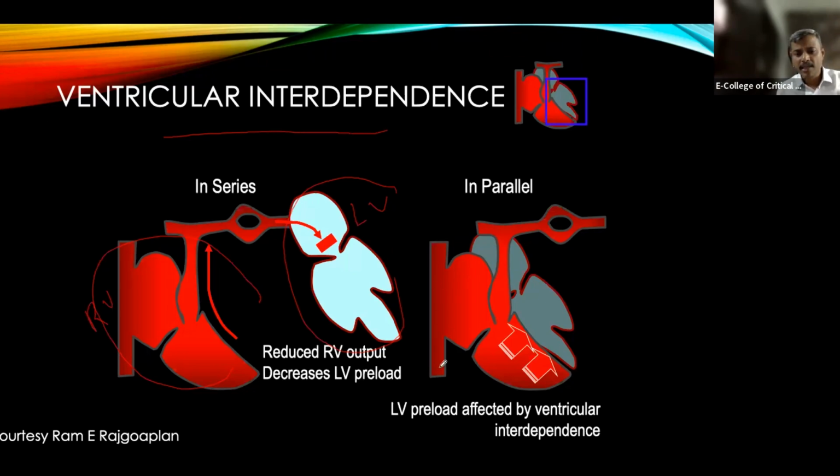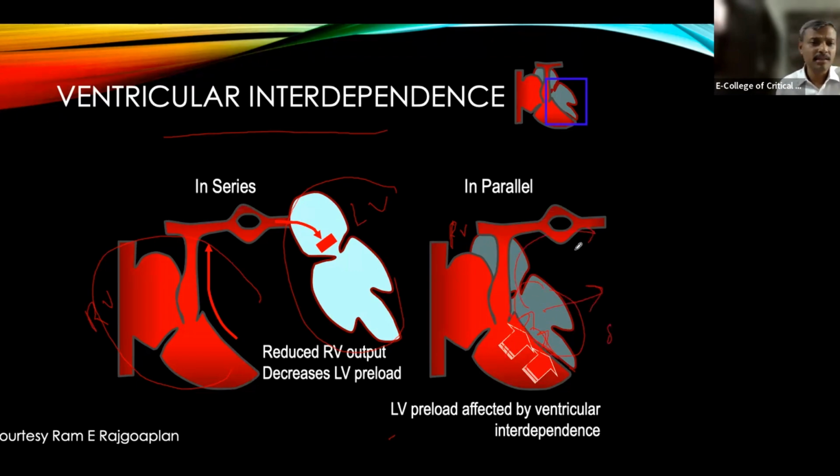Why I am telling you this: imagine the right ventricular preload increases with more negative pressure, or because of pulmonary embolism, or increased intrathoracic pressure because of high tidal volume. The moment right ventricular pressure increases, what is happening here? There is ventricular interdependence. The interventricular septum is pushed towards the left ventricle, and the left ventricular space will be compromised.